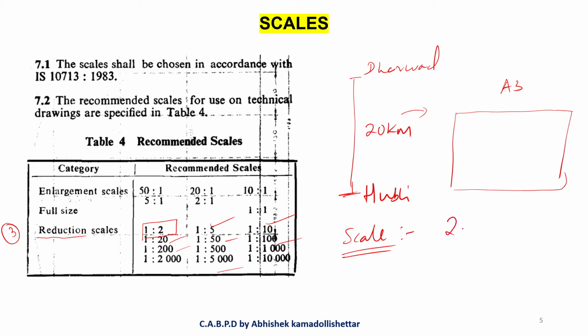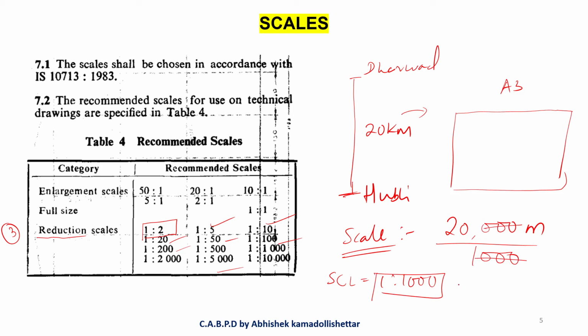Suppose you are selecting 20 kilometers, so let it be 20,000 meters, and I select a 1:1000 scale. What you need to do is simply divide this entire number by 1000.